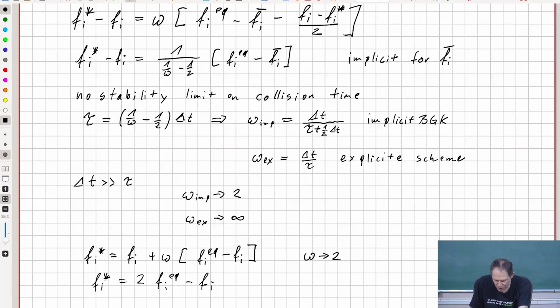One thing that you notice is that all the operations here are of similar size, because usually F should not be much different from F equilibrium. So the numbers you are dealing with are all of similar size, and this is what we call well-conditioned computation.